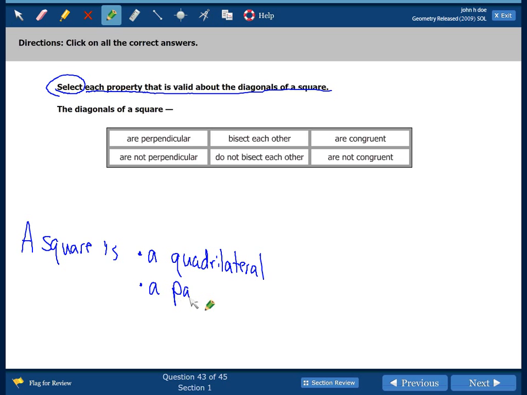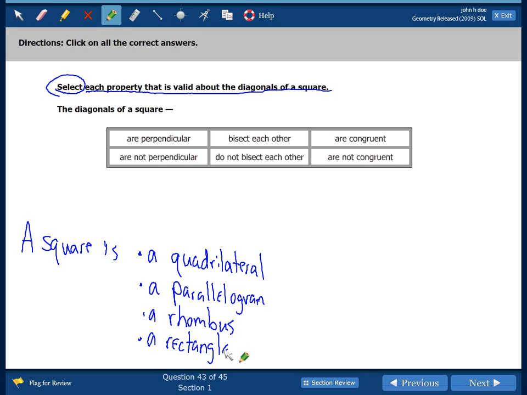It's a parallelogram. It's a rhombus. And it's a rectangle. So a square is all of these things.